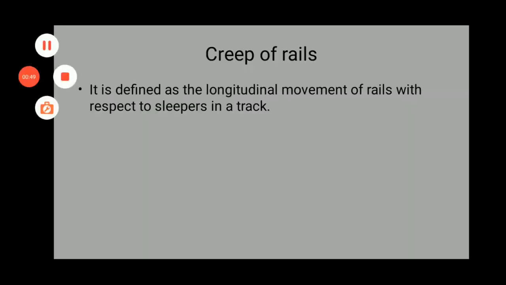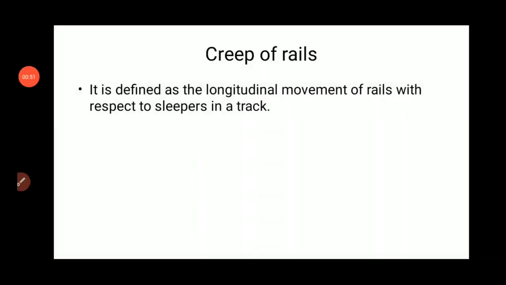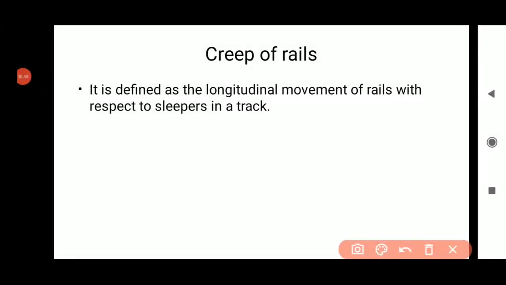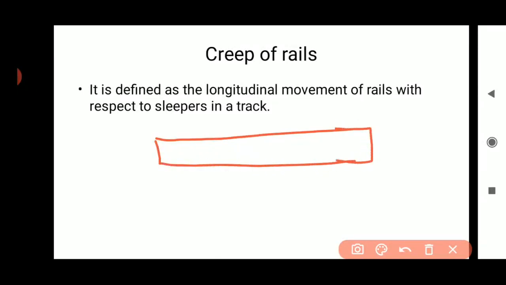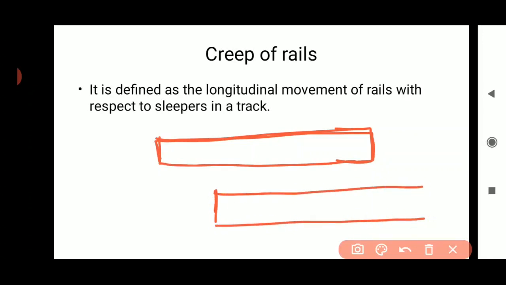For example, let in the initial stage the rail is laid like this, okay. Let this be a rail, and in the initial stage it is laid like this. If after some days we see that the position of the rail is like this, that means the rail has moved some distance from its original position in its longitudinal direction.